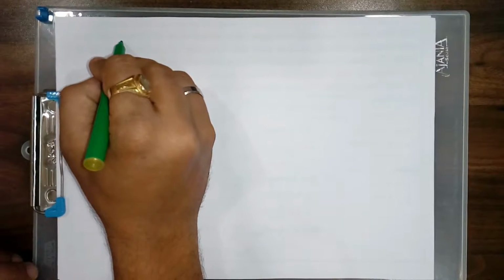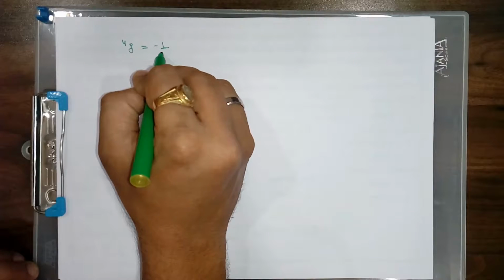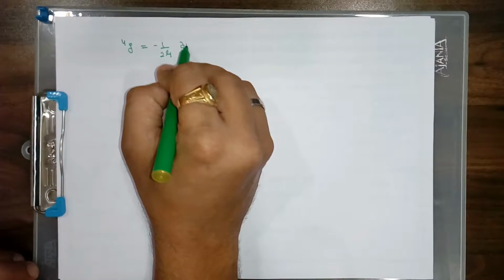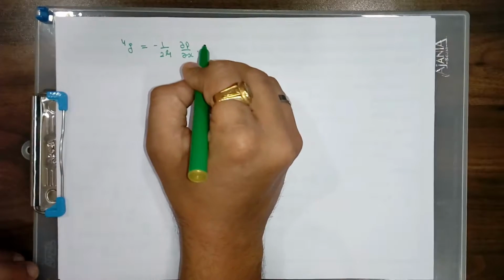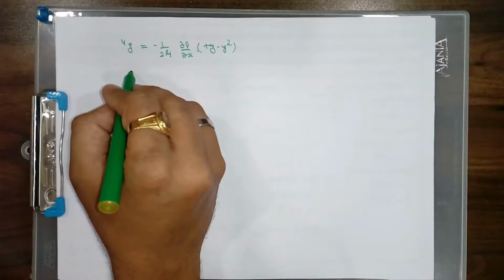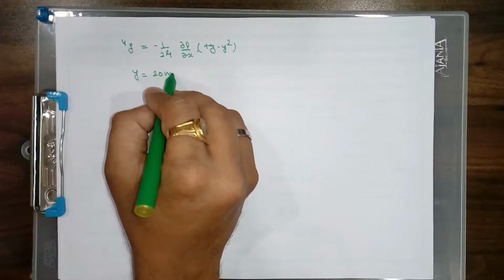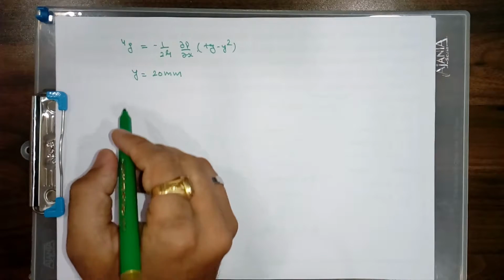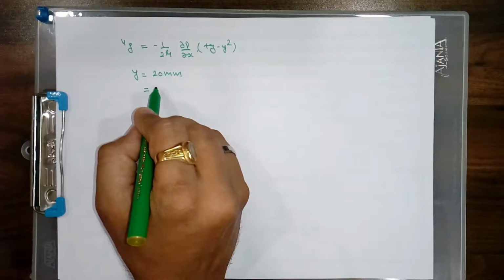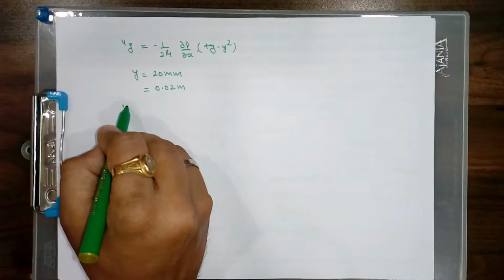Here we need to calculate the velocity at 20 millimeter from the wall. So we put y equals to 20 millimeter, which is 0.02 meter.